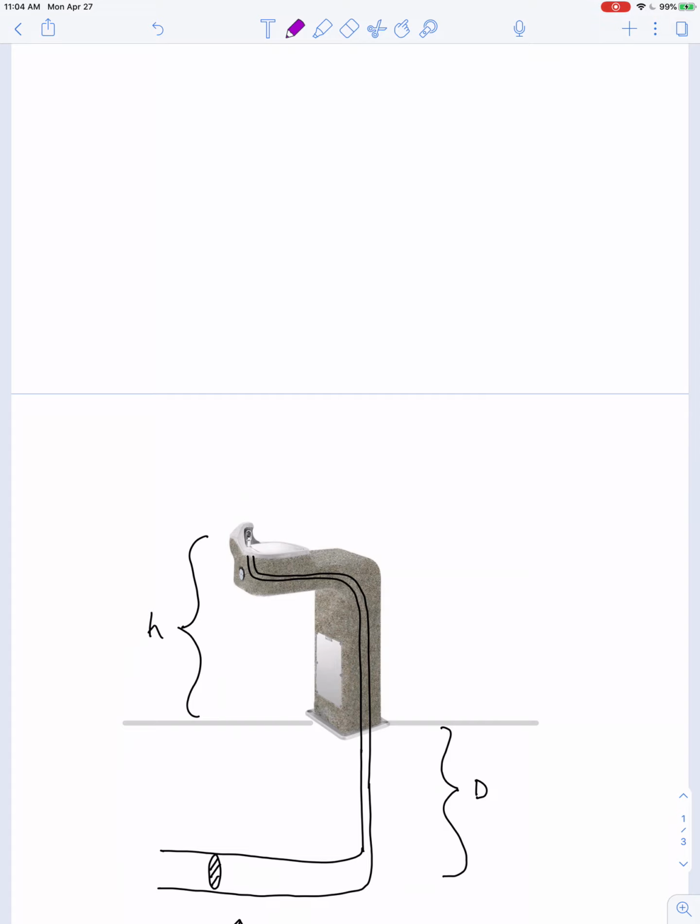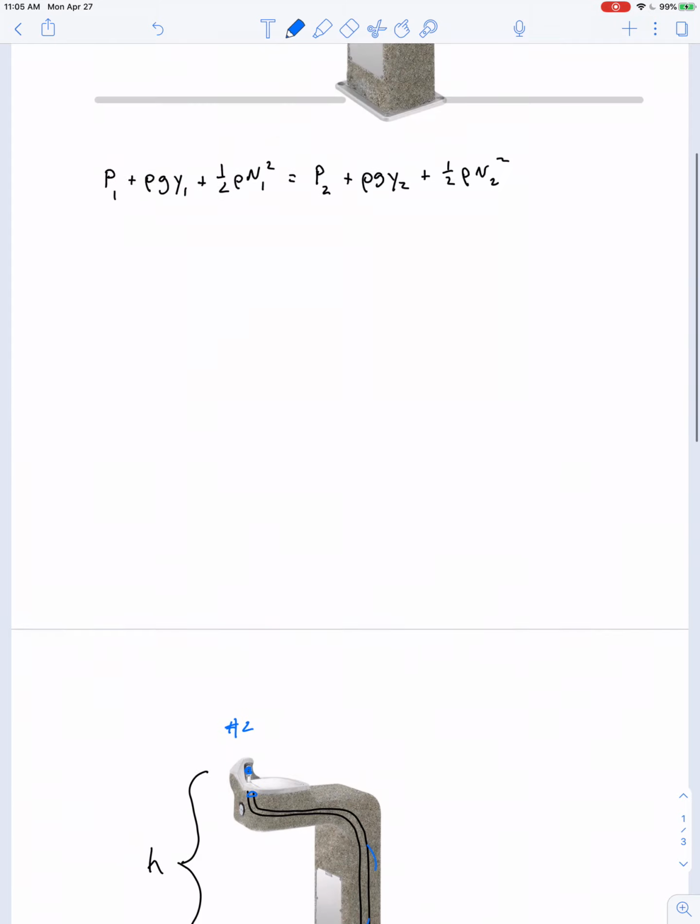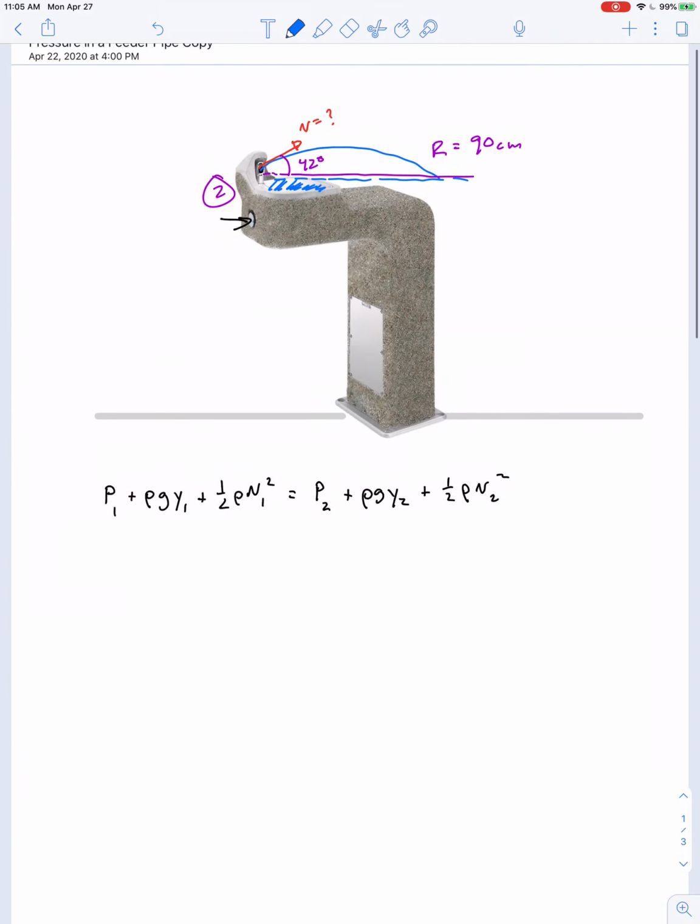We can see there's the feeder pipe, water flows this way through a cross-sectional area number 1, flows uphill, and then exits at point number 2, where the cross-sectional area is much smaller. And so we need to figure out what's the speed that the water exits at point number 2.